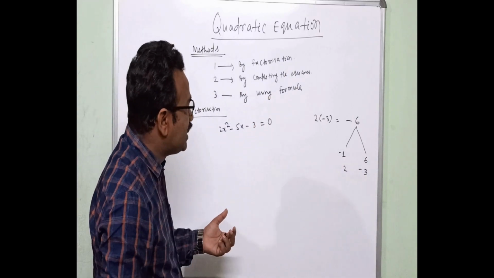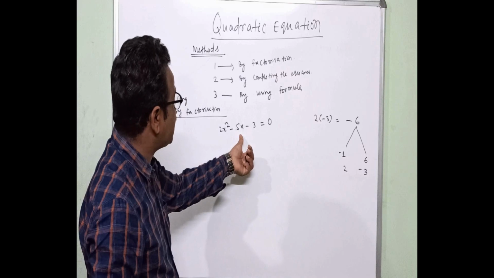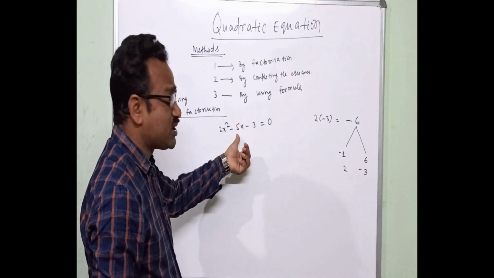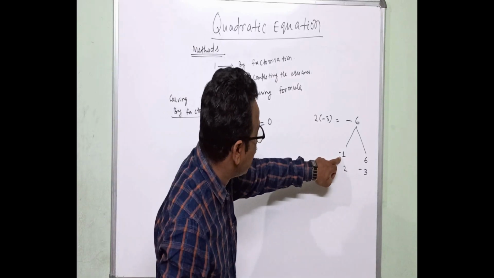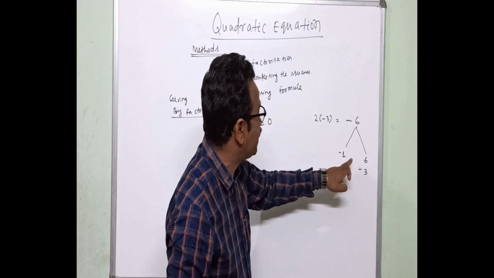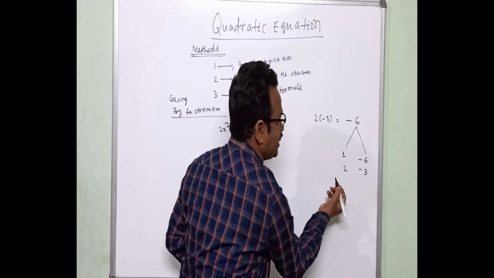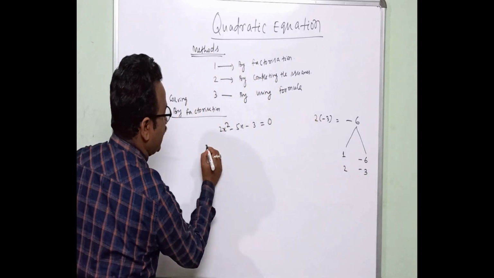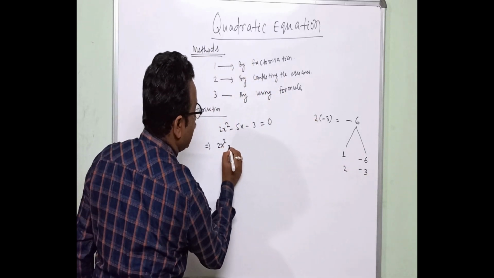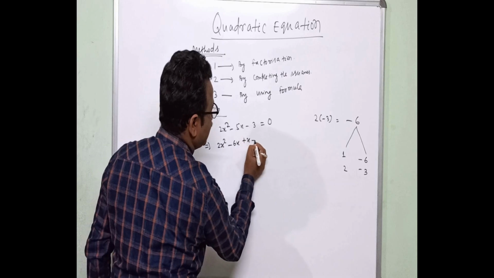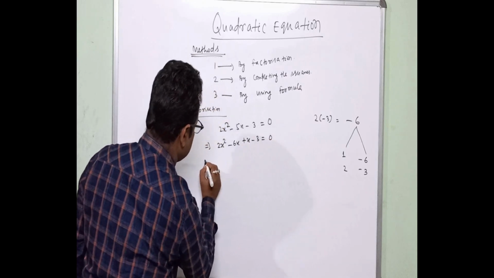Now, we'll take −5x. Here, if we take −1 plus 6, the result will be +5x, so we will take −6 plus 1. That implies 2x² − 6x + x − 3 = 0.